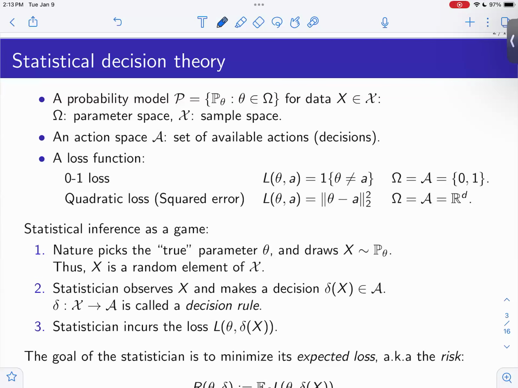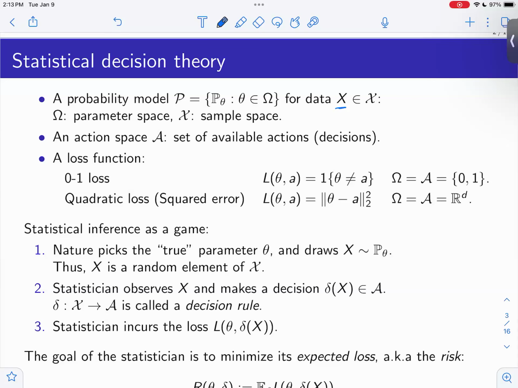They're parameterized. So this family, in our case, is often parameterized by some parameter theta in some space omega. This is fairly general at this point. If I give you theta, you can pick out that particular probability distribution. Each one of them is a probability distribution or probability measure for some data point x that you draw from this.